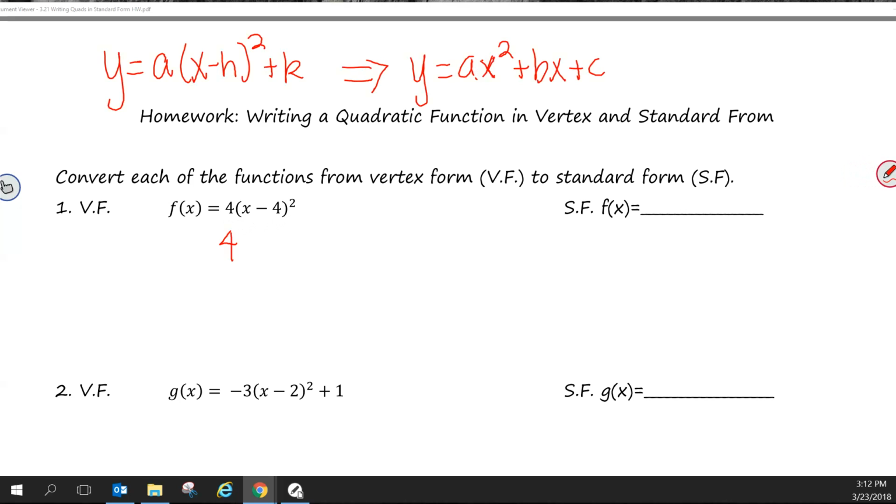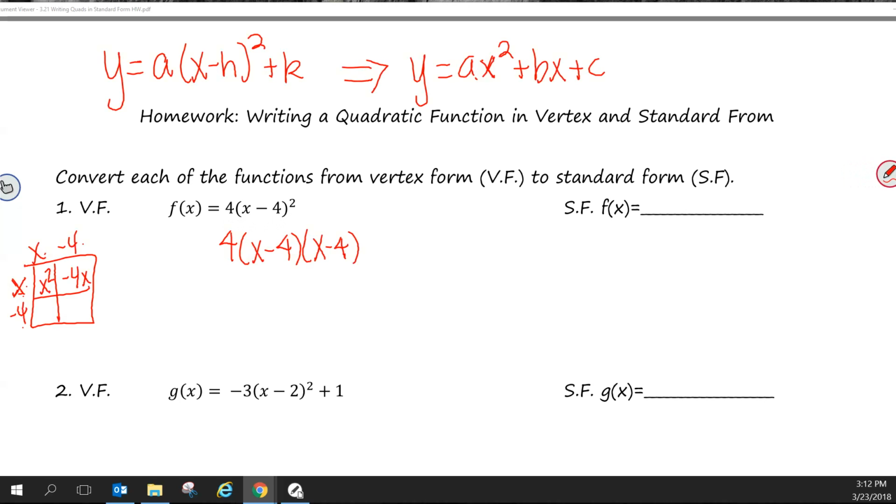So I got 4, and this is (x - 4) times (x - 4). So I'm going to make my little box over here. x - 4 times x - 4. x times x will be x^2. x times negative 4 is negative 4x.